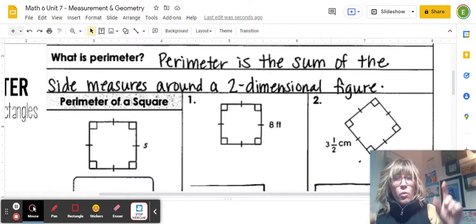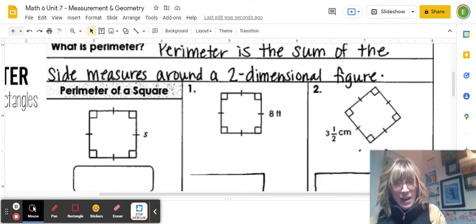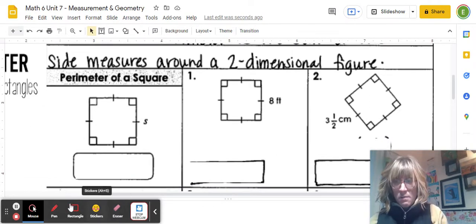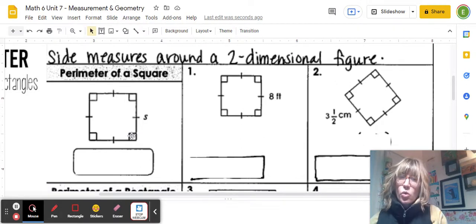So, if you want to know how to find the perimeter of a specific shape, you could say that in a square, no matter what the side length is, whether it's called S or 4 or 9.72 or whatever it's called, it's going to be the same because in a square, all four side lengths are the same.